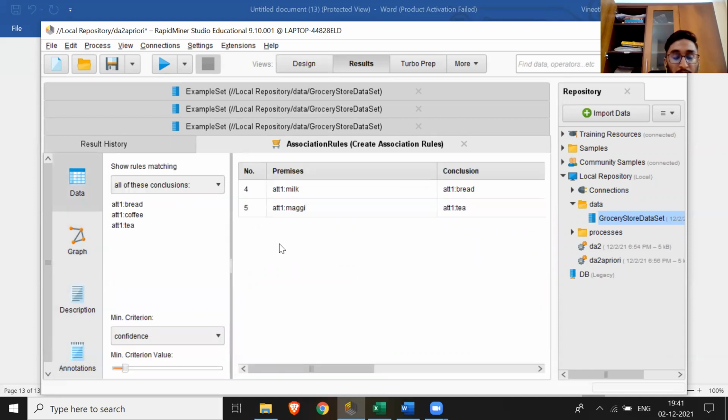So what are the advantages of the Apriori algorithm? First, it's easy to understand, easy to digest. The second point is that it uses a join and prune step, and it can be implemented on large data sets.